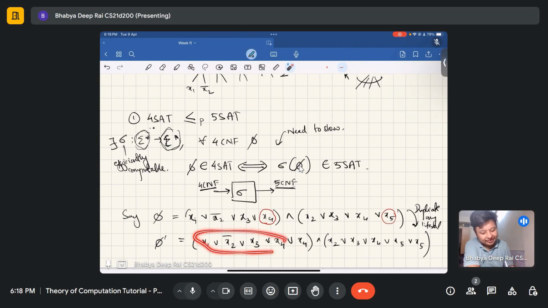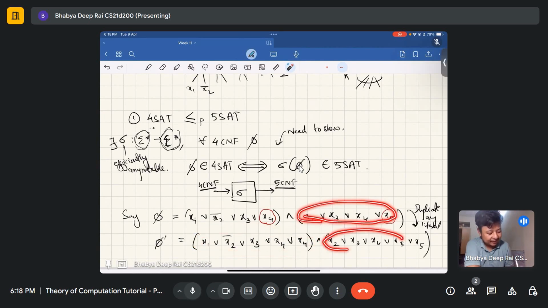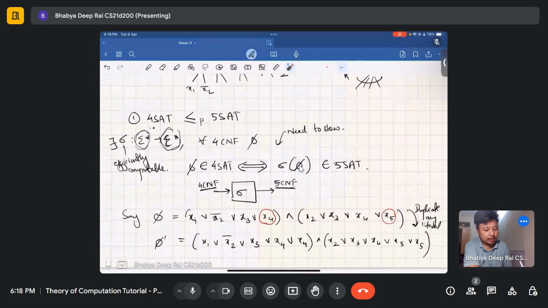So since this entire chunk is satisfiable, I have that the whole clause is satisfiable, right? Now since both the clauses are satisfiable, the entire expression is satisfiable.